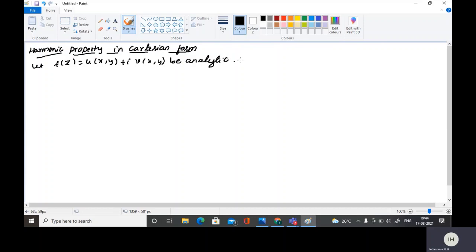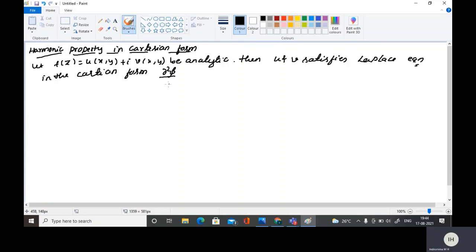Then u and v satisfy the Laplace equation in the Cartesian form: dou square phi by dou x square plus dou square phi by dou y square equal to 0. So this is the statement we have. Now we are going to prove the result.